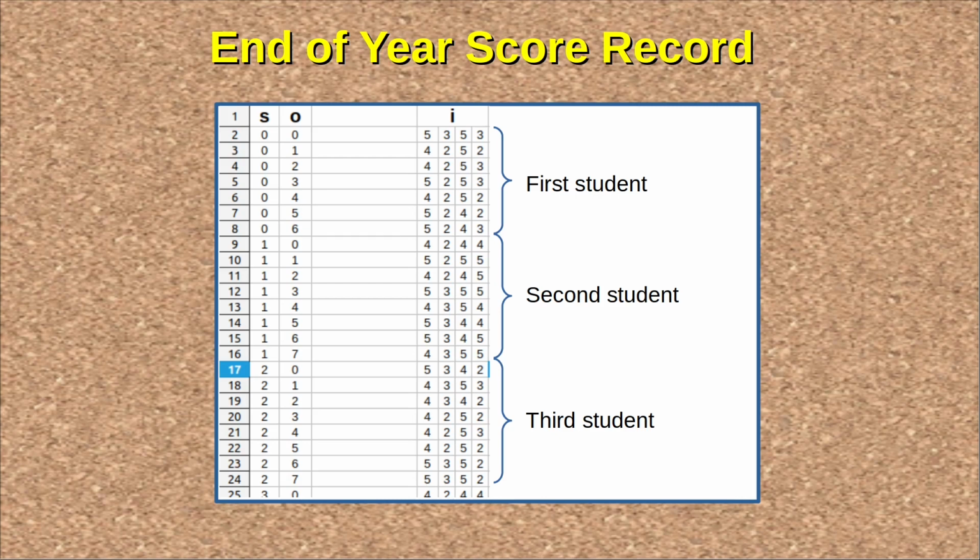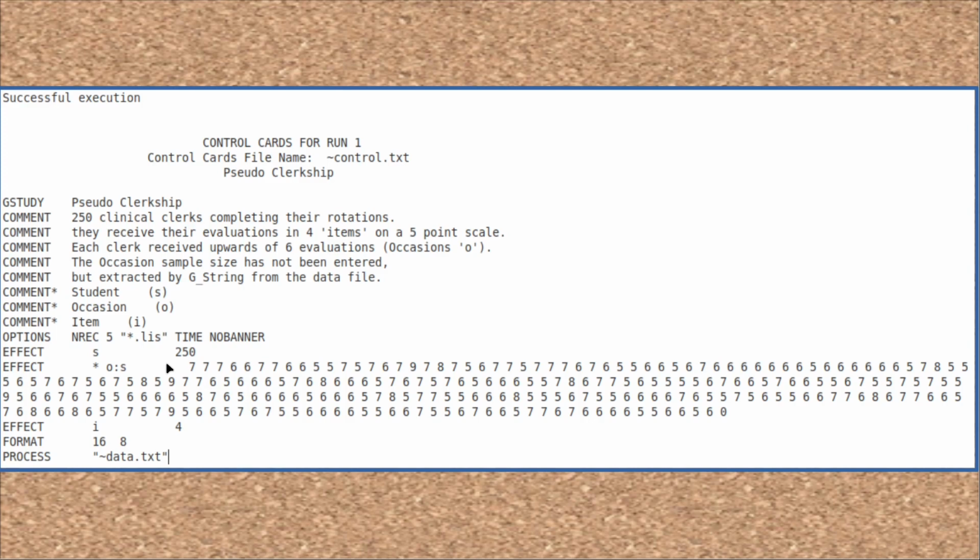G-String can count these and pass them on as a sample size for facet O, occasions. This occasion sample size frequency is then automatically inserted in the control file for each student, and if we were limited to Ur-Geneva alone, we would be forced to laboriously prepare the control file by hand, counting the scores for each student.